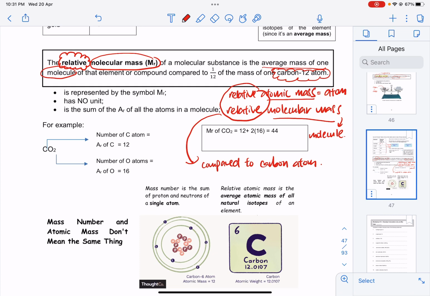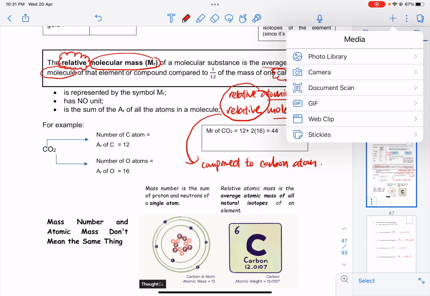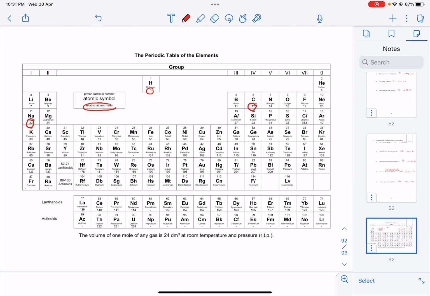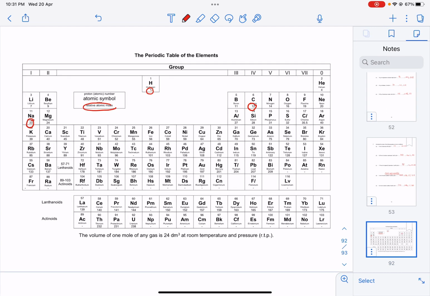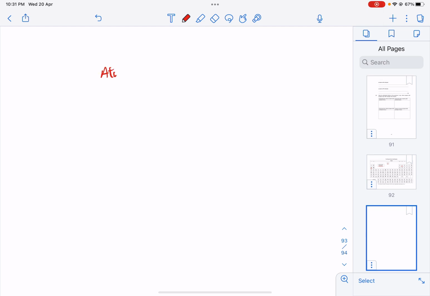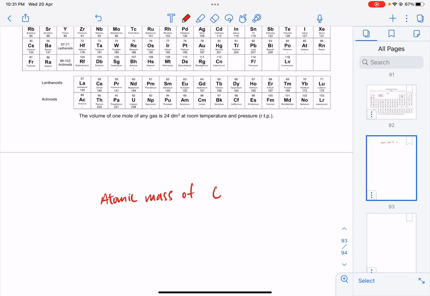Now, this is how you calculate. Let me find a blank space for this. Let's look over here. The atomic mass of carbon from the periodic table, which is over here, is 12, right?